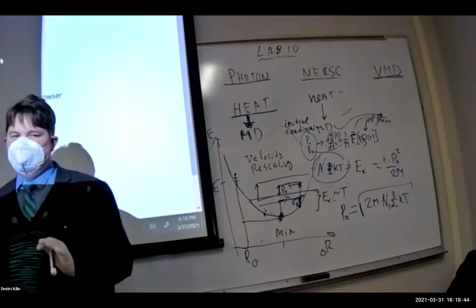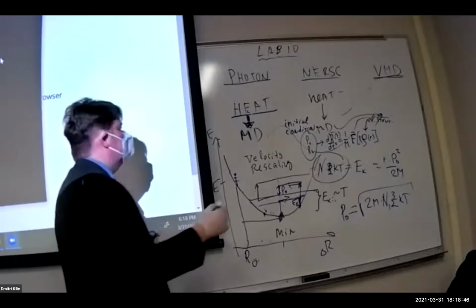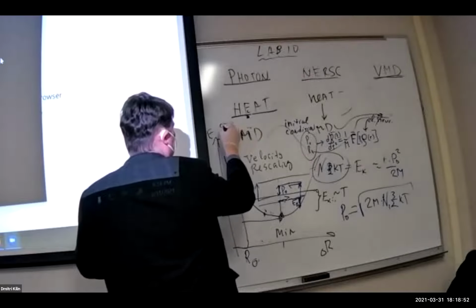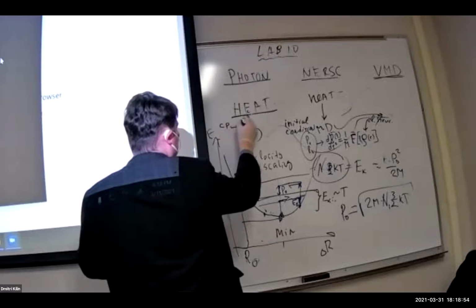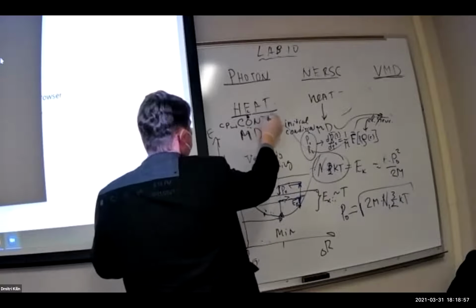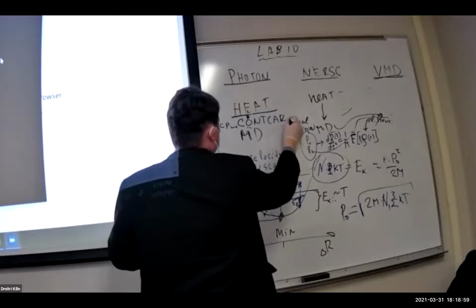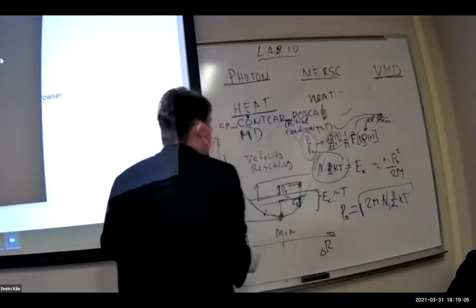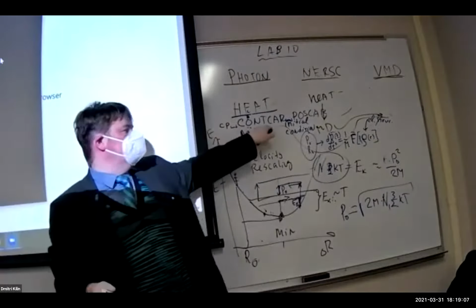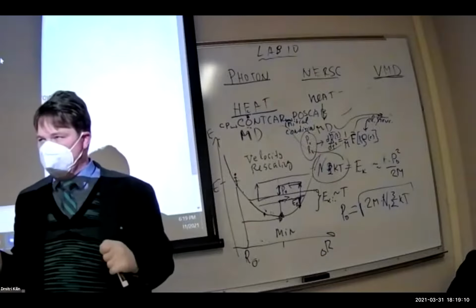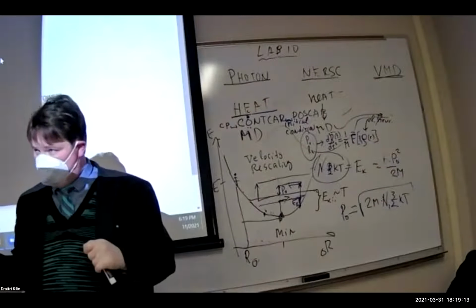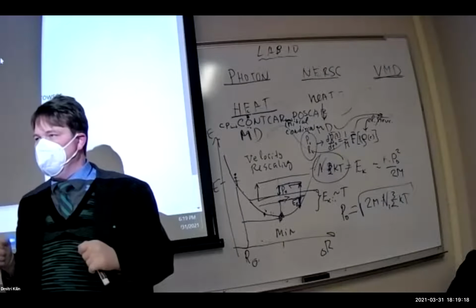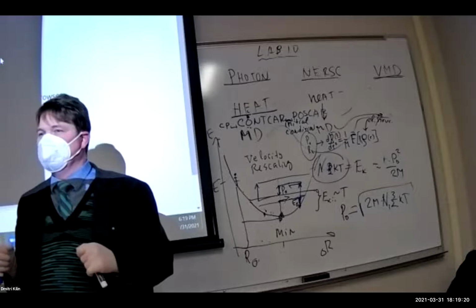After heating is done, this arrow is: cp CONTCAR POSCAR. So the geometry that was generated at the end of the heating stage, the final geometry, will serve as the initial geometry for the molecular dynamics stage.